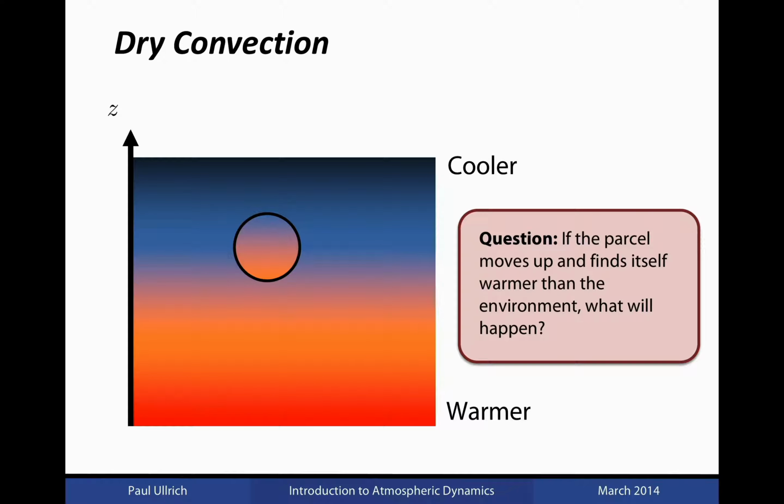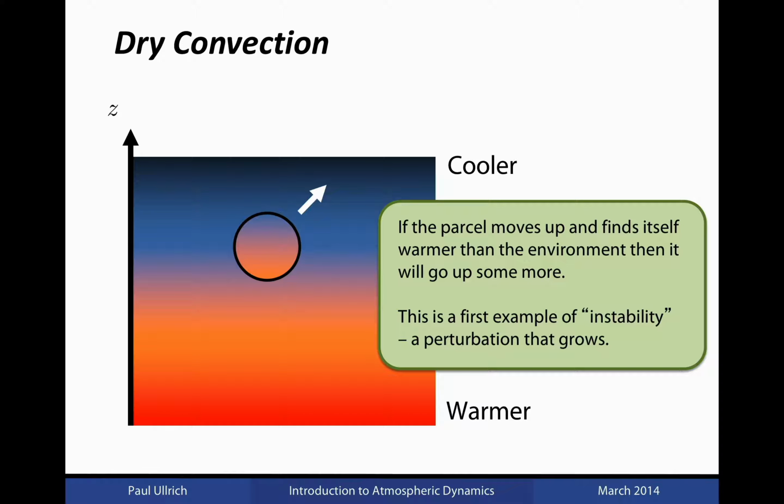If the fluid parcel moves up and finds itself warmer than the environment, then it will have a smaller density than the surrounding environment and consequently will continue to rise. This is an example of instability, for as the fluid parcel continues to rise farther and farther, it will continuously find itself warmer than its surroundings and will continue to rise higher. It will continue to rise then until the potential temperature of the fluid parcel matches that of the surrounding environment.